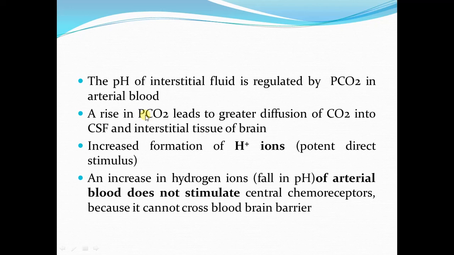In the interstitium of the brain and in the CSF, it will lead to increased formation of hydrogen ions, which is a potent direct stimulus for the central chemoreceptors. Another very important point to remember and understand is that an increase in hydrogen ions in the arterial blood does not stimulate the central chemoreceptors, because hydrogen ions in the arterial blood cannot cross the blood-brain barrier.